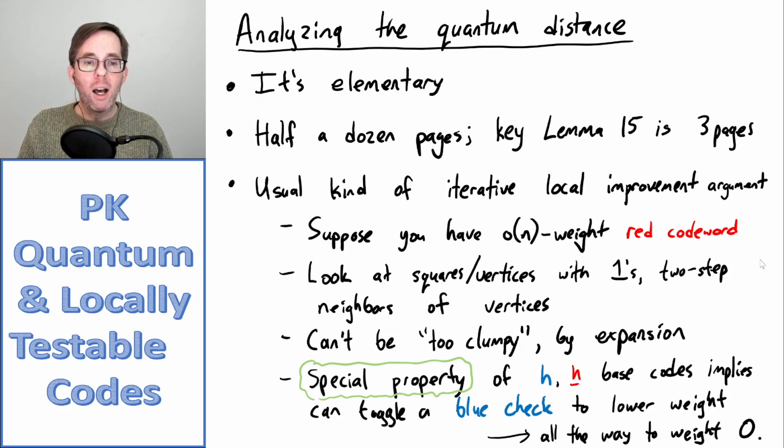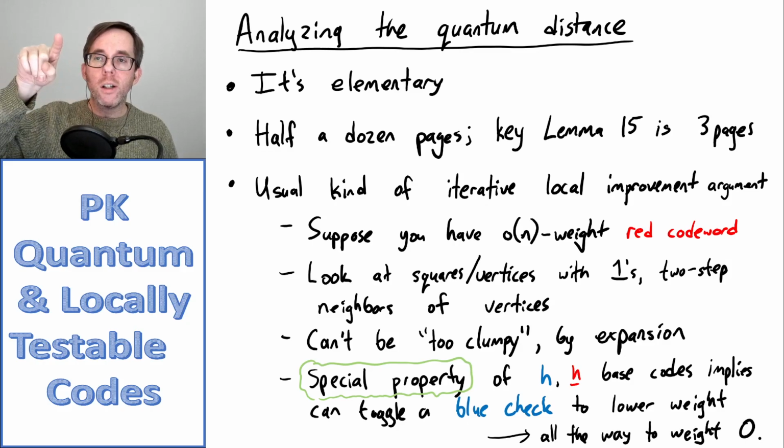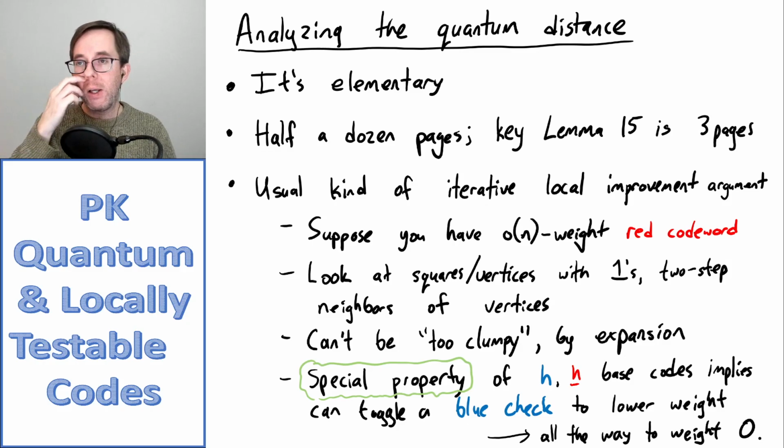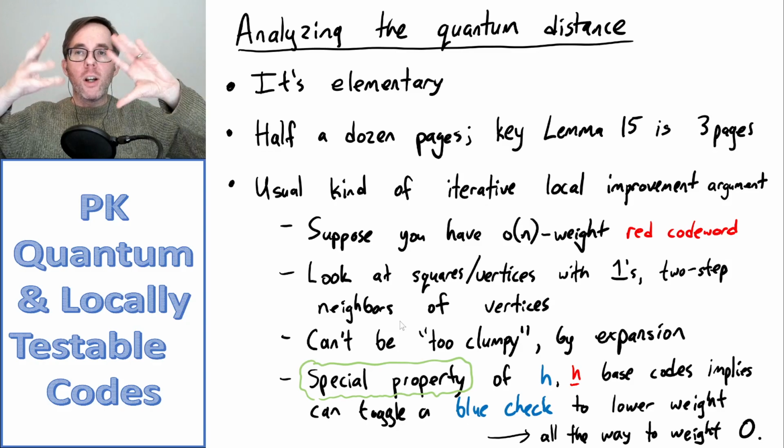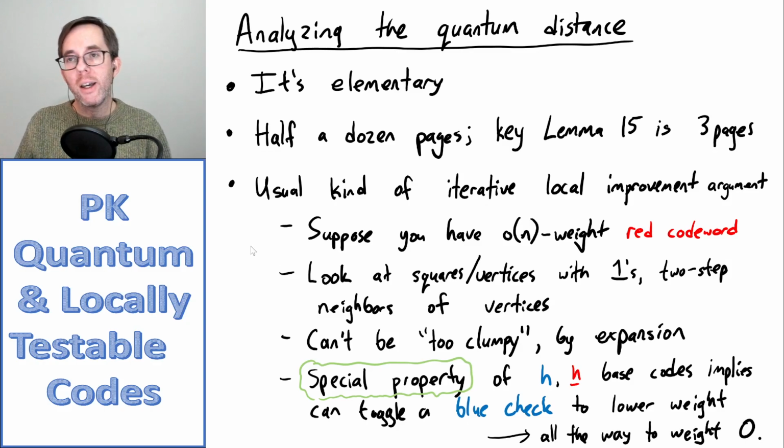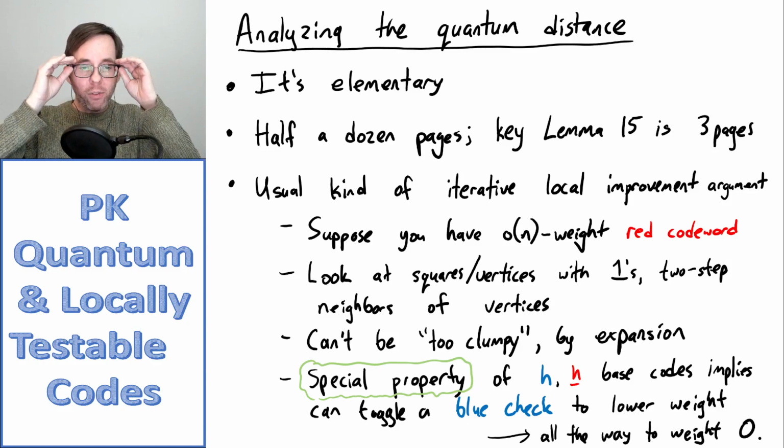Then you have to look at not just distance one neighbors of the vertices in the squares, but also distance two neighbors. It's a bit subtle, and you argue that the ones you get at distance one or at distance two cannot be clumped together by expansion. They have to spread out.